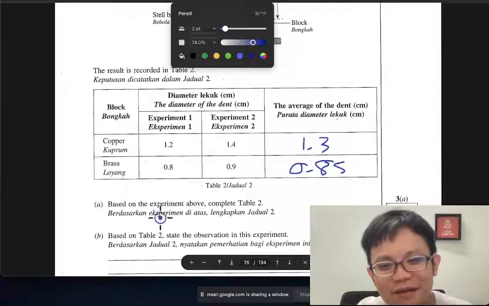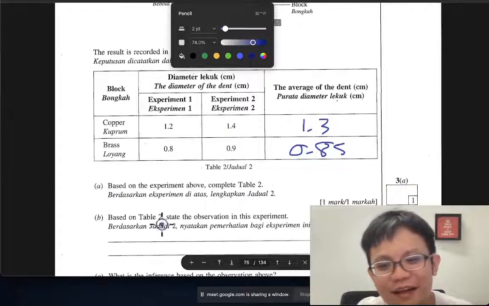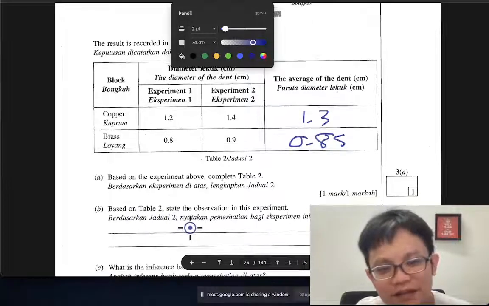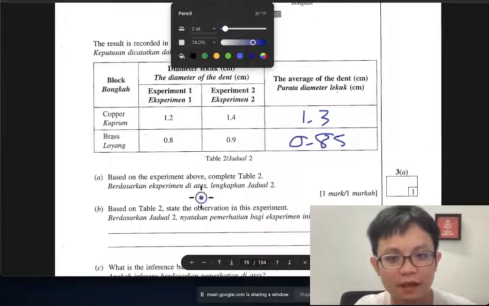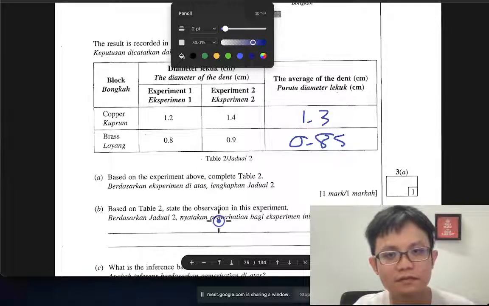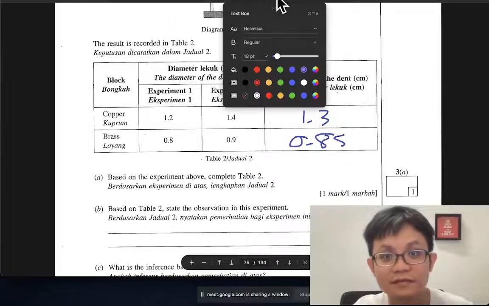Based on the experiment above, okay, based on Table 2, state the observation in this experiment. Copper has a higher average than brass.